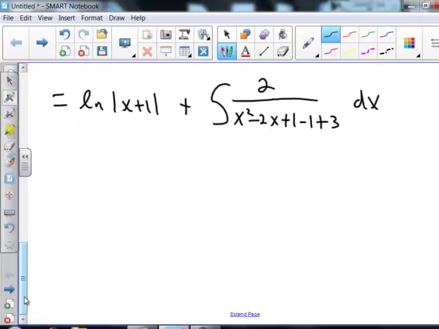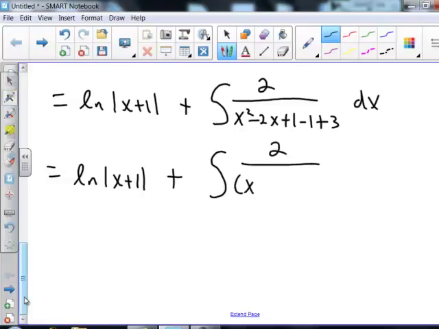dx. So this is the natural log of the absolute value of x plus 1 plus, and this is the integral of 2 over, and that becomes x minus 1 squared plus 2. And that fits the form that we have for arctangent.